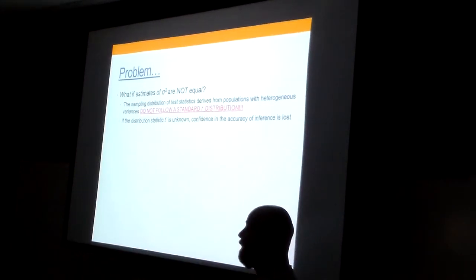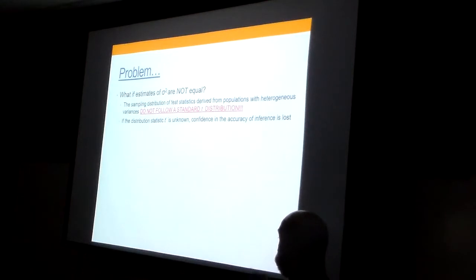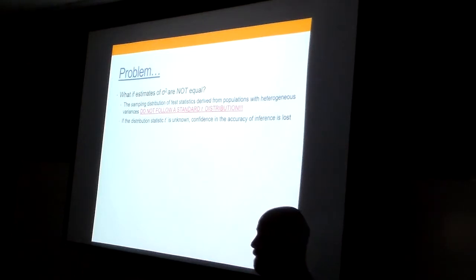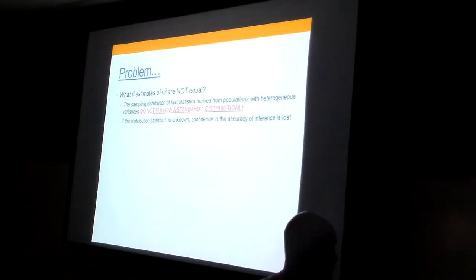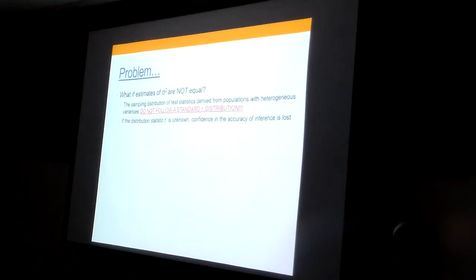Is that all of a sudden the sampling distribution of our t-test doesn't follow the standard sampling distribution of a t-test, right? If our t-tests, mathematically assuming equal population variance, that's the distribution of our t-test, and that's what's in our tables.